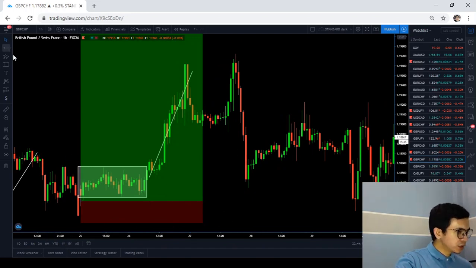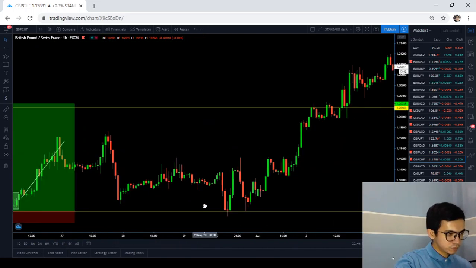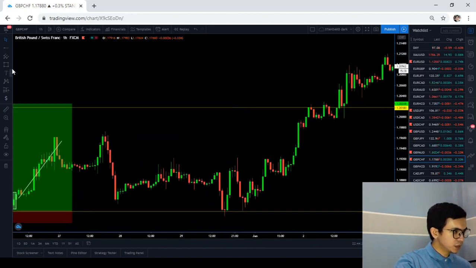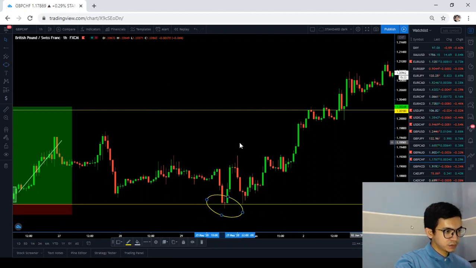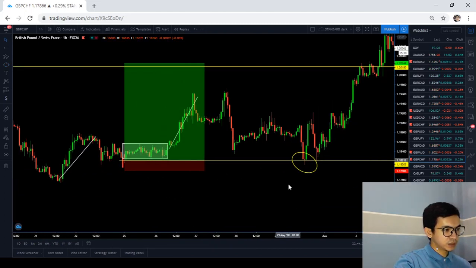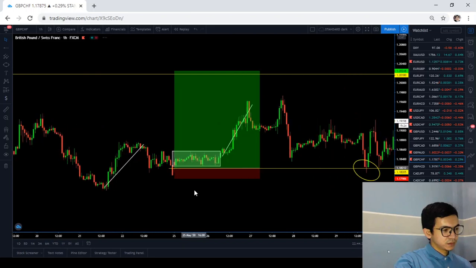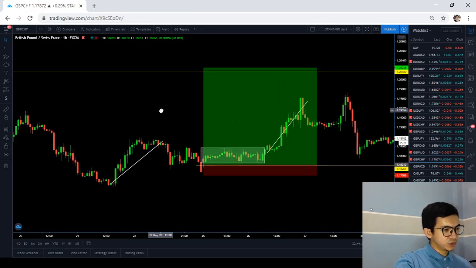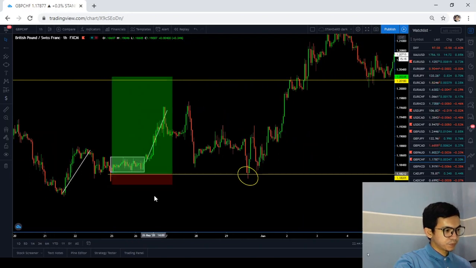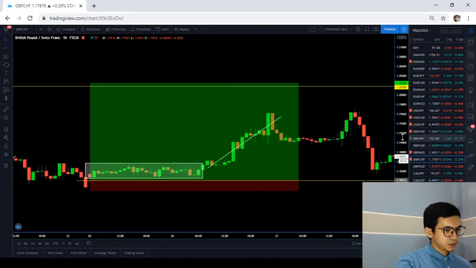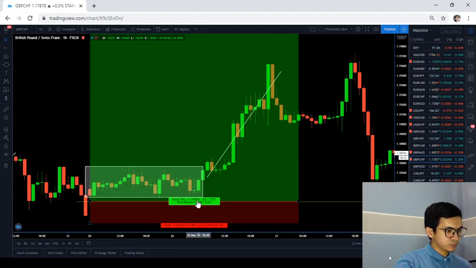Alright, let's say nandito yung entry ko. Na-hit ba siya? Boom! See that? You see that? Nakita nyo? Sabi ko, hindi lagi siya instant na nagmamaterialize. But then again, after I move up, the market will move further up. And instead of me waiting for this setup and putting my stop loss sa below this structure, instead na stop loss ang lagay ko, imbis na ganito ang setup ko, wait.